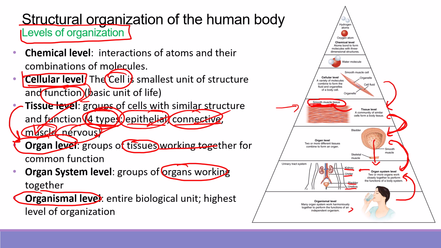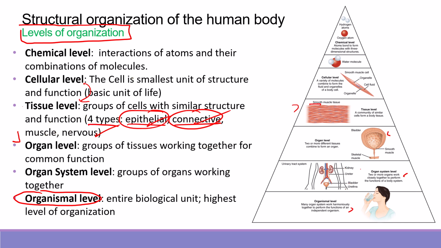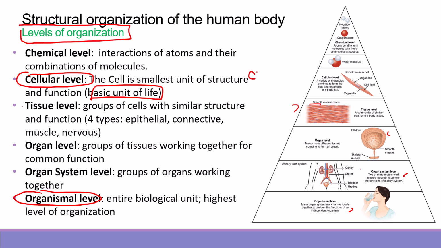So once again, what is the main point of this PowerPoint and what is important for you to know at this level is that the smallest basic unit of life is the cellular level, the cells, okay, which is going to be chapter 3 in this course. So we're in chapter 1, right?